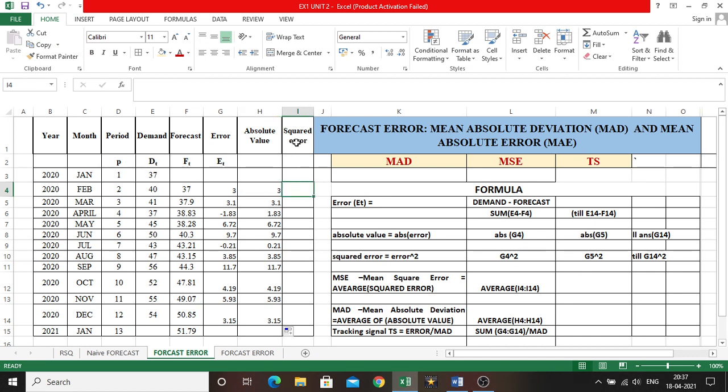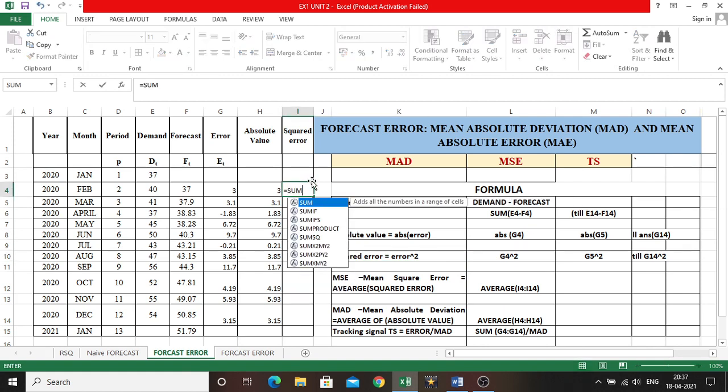And moving on to squared error. Squared error can be calculated by using the exponential symbol, to the power of 2. So, the formula goes like this. So, this is the squared error formula, sum of the error value. So, which is the error value? Error value is given in G column from G4 cell to G14 cell.